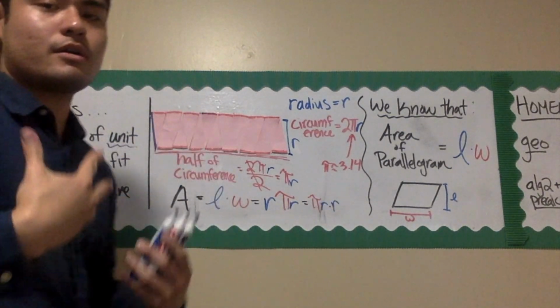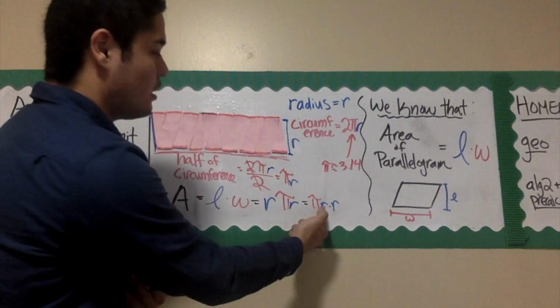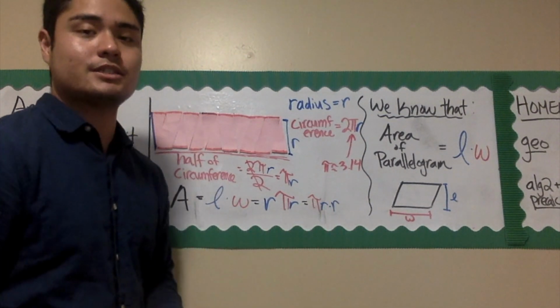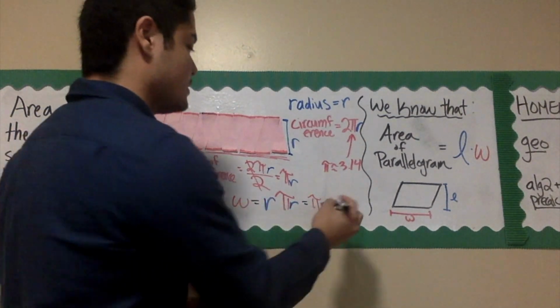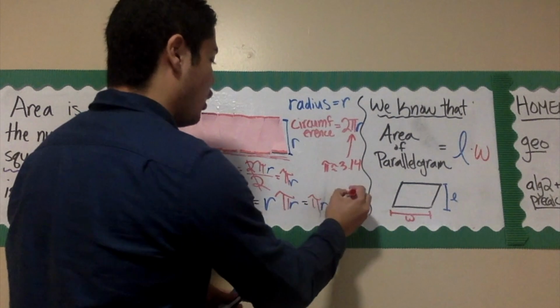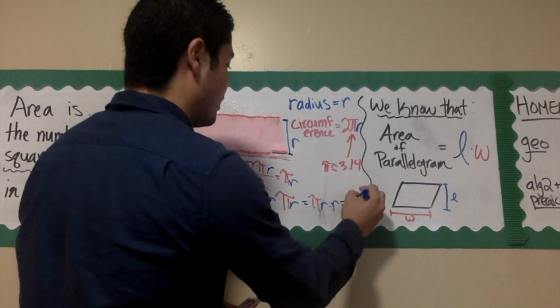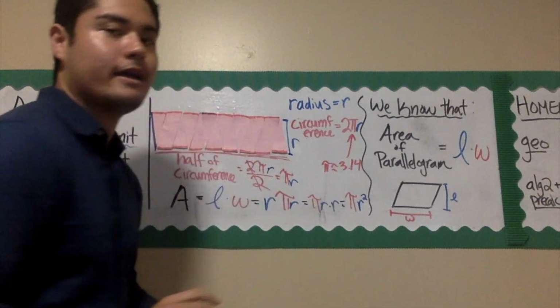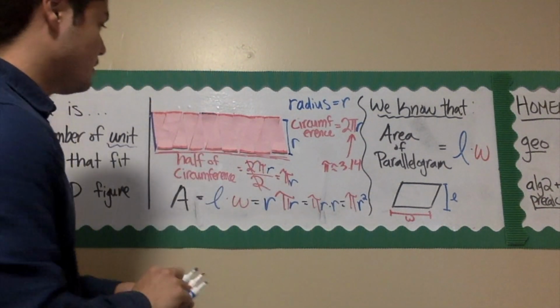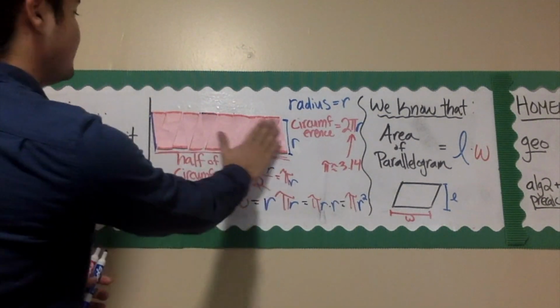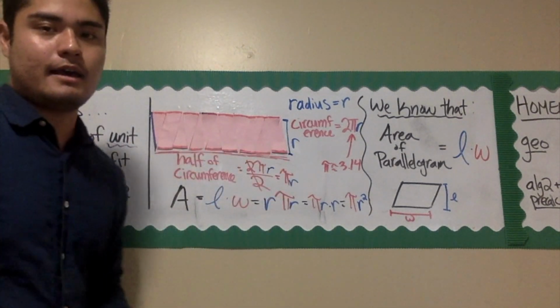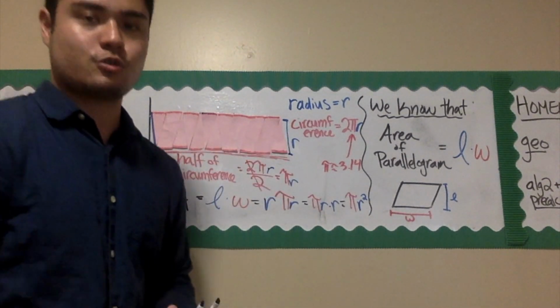And because this is repeated multiplication, I'm going to rewrite r times r as r to the power of 2. So pi times r to the power of 2, or pi r squared. So the area of this whole figure is pi times r squared.